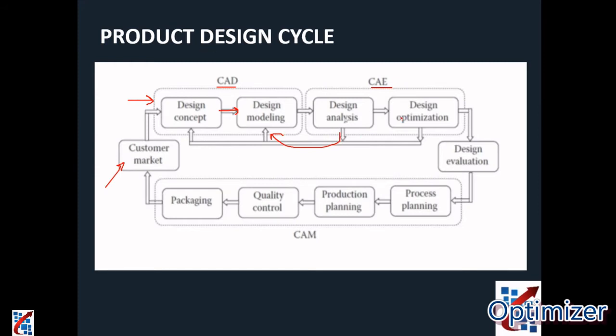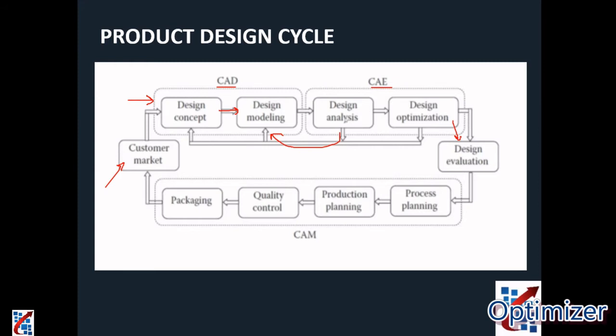With the help of design optimization, you are going to optimize not only the design, but also the material, size, shape, all other things in this step. Once your design is totally final, that means it is found to be safe and very good from all aspects, the next one is design evaluation.